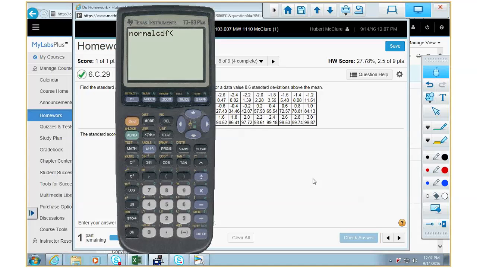What was the z-score on the first one we did? 0.6 or something like that? So normal CDF, lower is negative 9999, upper is 0.6.